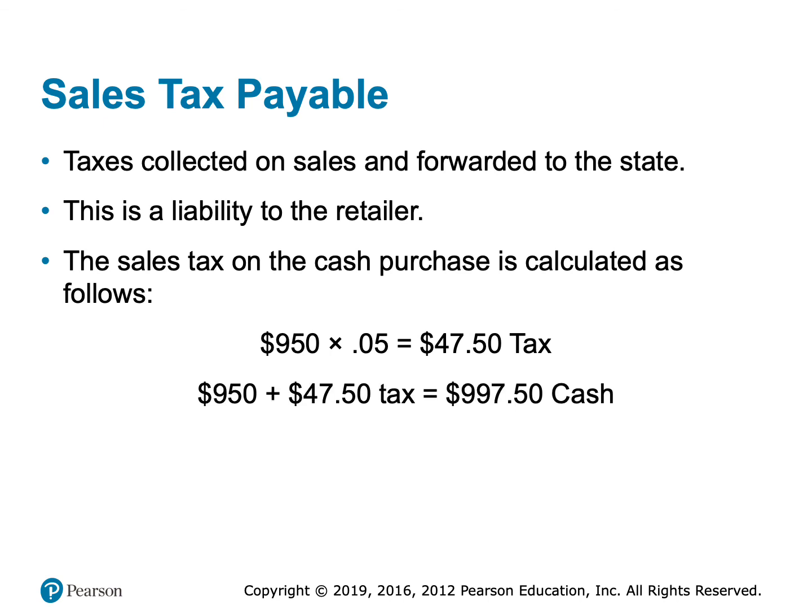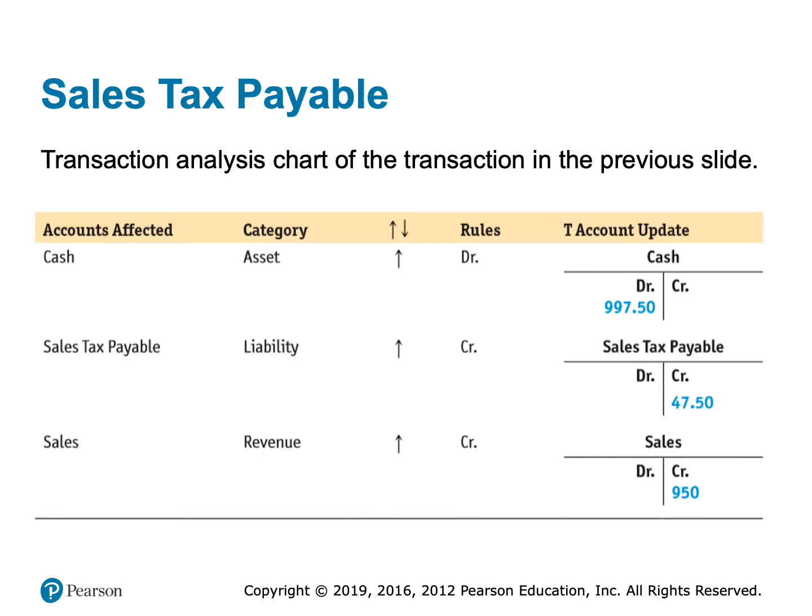That means the total amount of cash that we would receive from the customer would be $997.50. We're only going to record $950 as revenue, and the other $47.50 is a liability that we owe to the government. So here we can see we're going to increase cash for that $997.50. We're going to credit sales for just the $950 sales price, and then the rest of it goes to that liability account, sales tax payable.